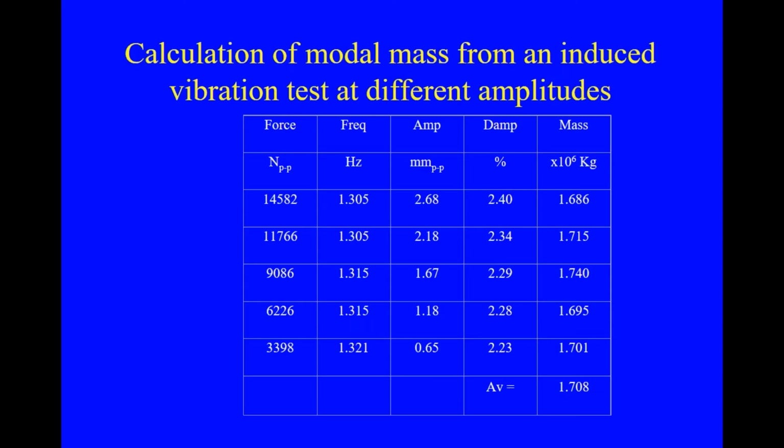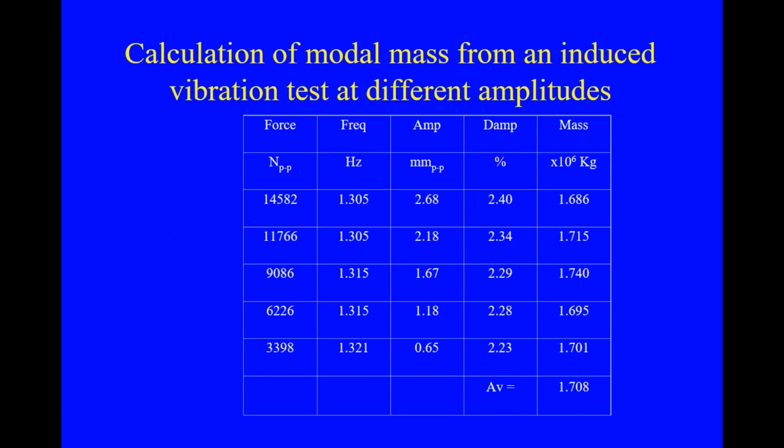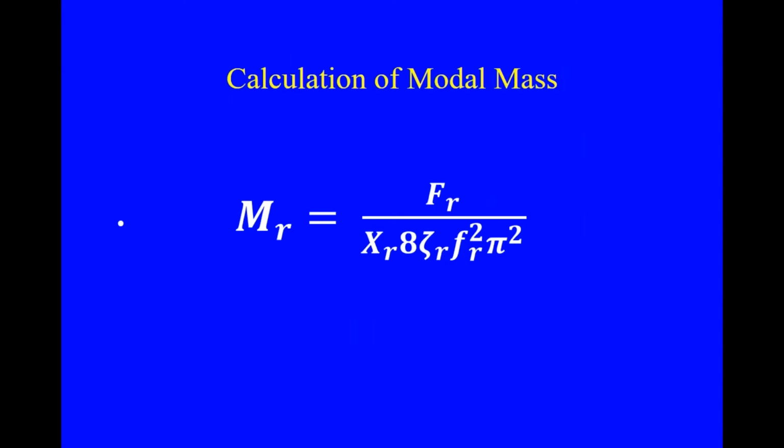While we were shaking buildings, we knew precisely what the force was, because we had organized that with the vibrator system. We knew what the displacement was because we were measuring very precisely. And we knew what the damping was because we were measuring that very precisely in real time. This is from a real test on a real structure.